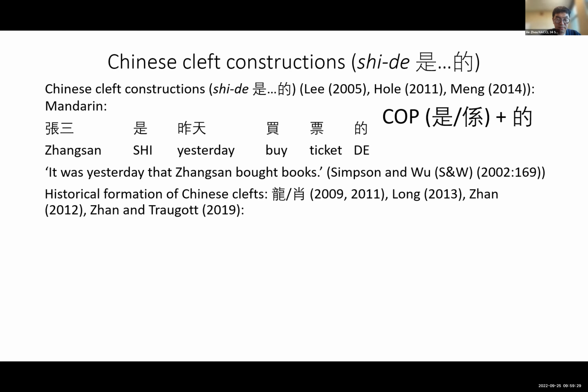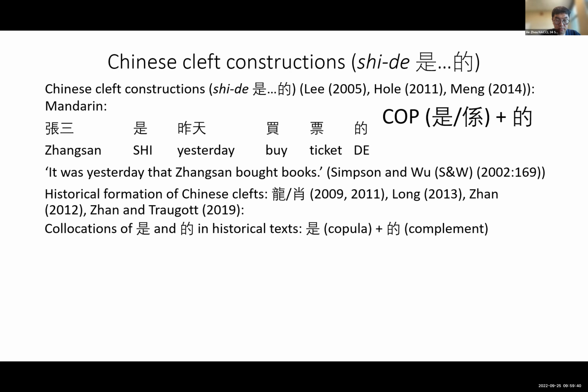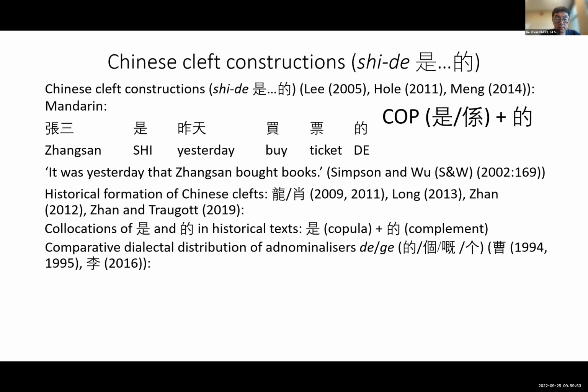In recent years, people have looked at the historical formation of Chinese clefts, such as Long and Xiao, Jan and Traugott, and many other works. They have all concentrated on the collocation of shi plus de in historical texts: shi is the main copula verb and takes de as part of its complement. Comparative dialectal distributions have also been looked at, mainly concerning de and ge.